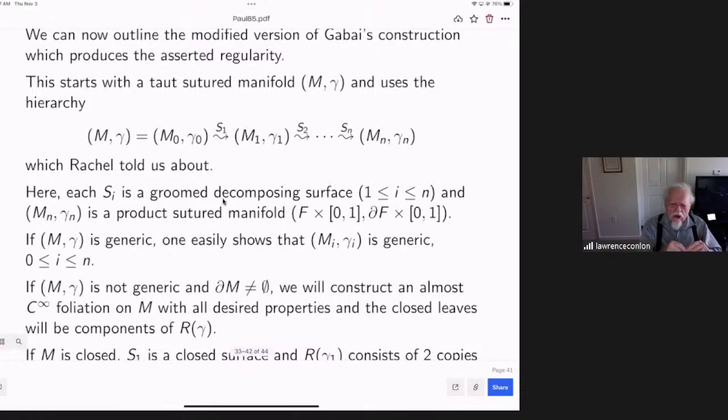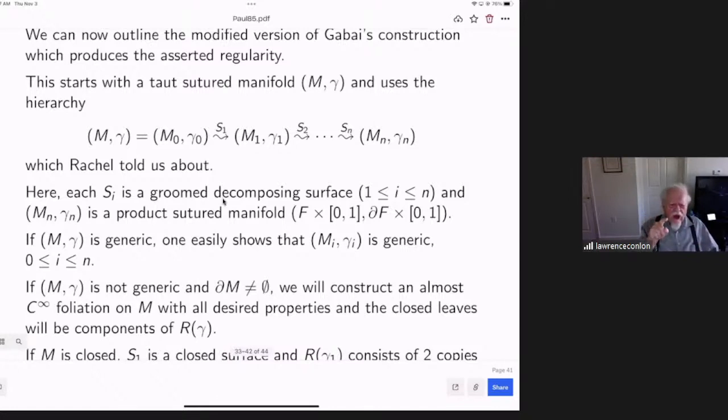Actually, Rachel required it be a bunch of product sutured balls, which is fine. If you have a product sutured manifold, you can further decompose into product sutured balls, but for constructing the foliation, all I need to know is that M_n, gamma_n is a product sutured manifold.